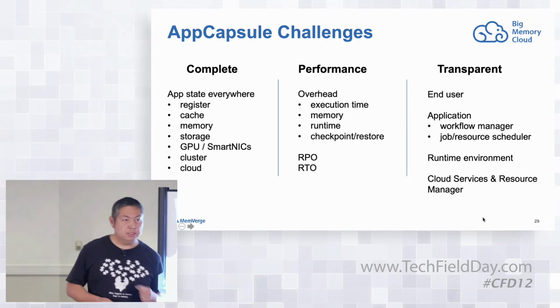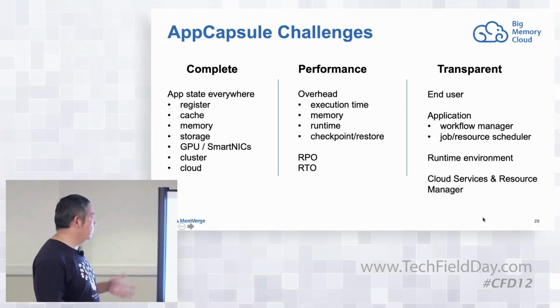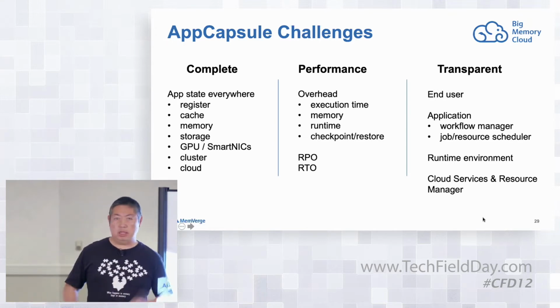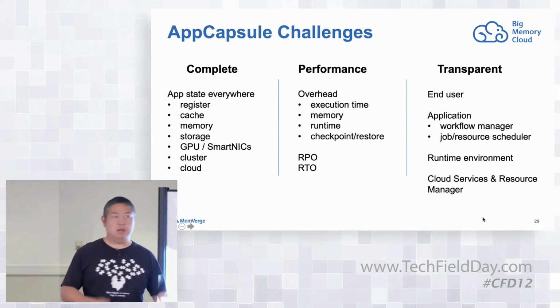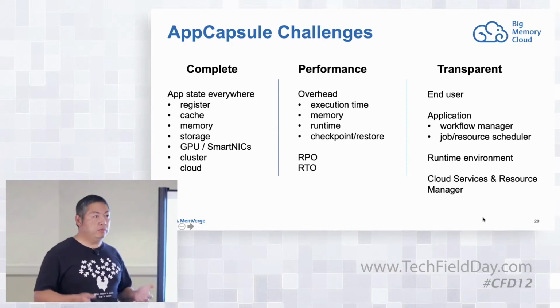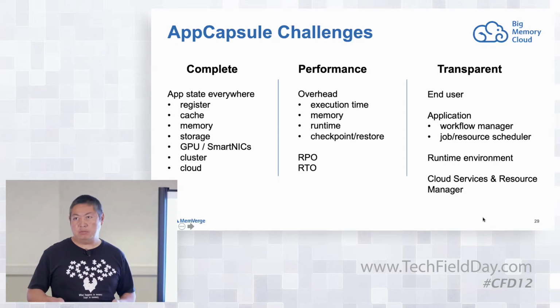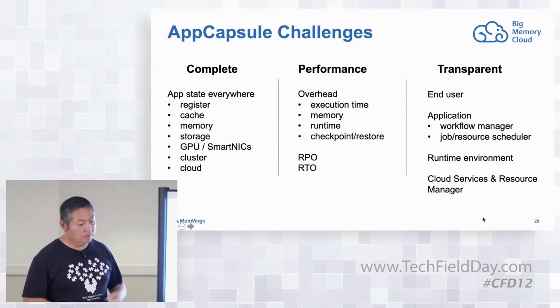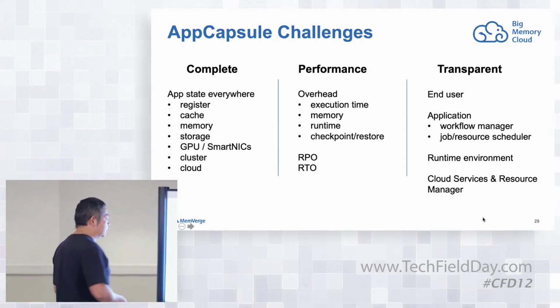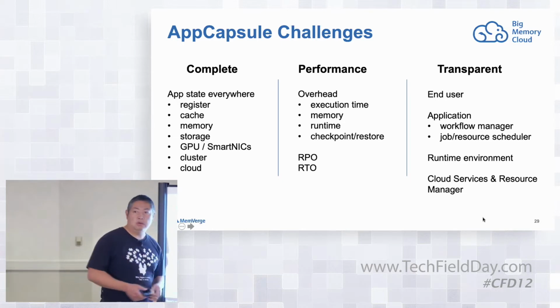I think there were some questions about the runtime environment. We could be talking about containers, VMs, bare metal, and on top of that, there's orchestration. There could be OpenShift, Kubernetes, or some other ones that we haven't seen yet.